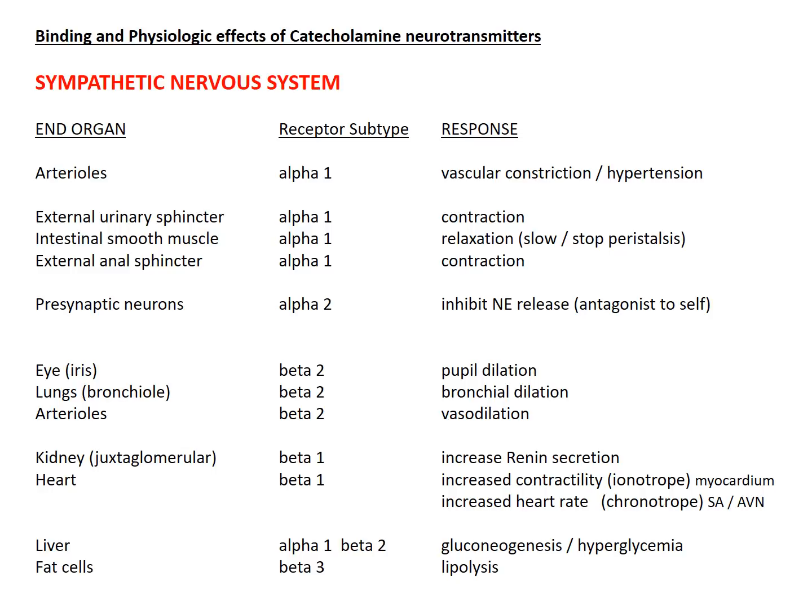So norepinephrine and epinephrine are acting on the receptors of the sympathetic nervous system. Those receptors are named either alpha or beta. We have 2 types of alpha receptors, alpha 1 and alpha 2, and 3 types of beta receptors, beta 1, beta 2, and beta 3.